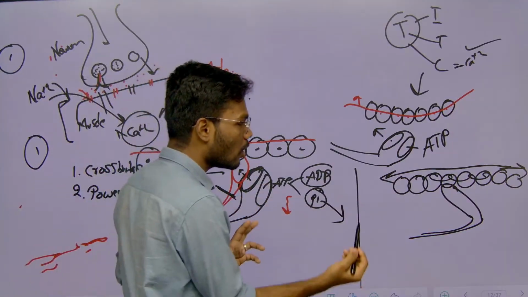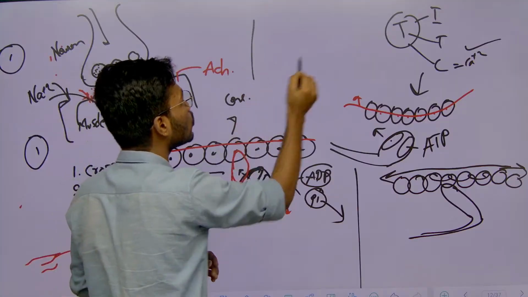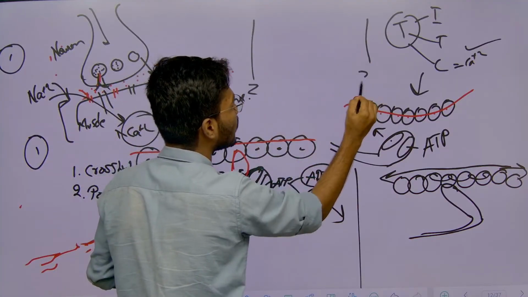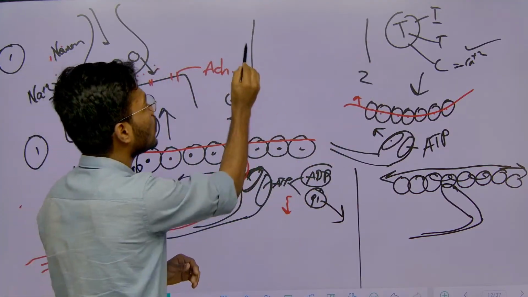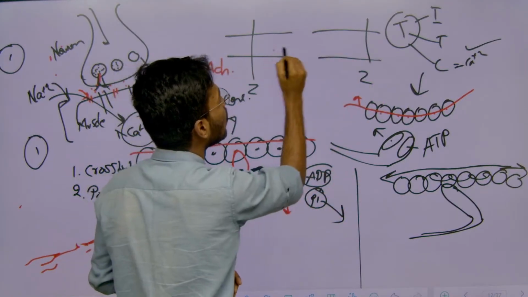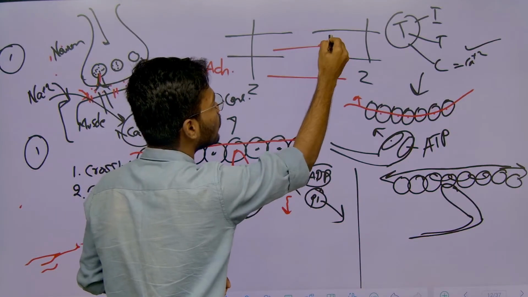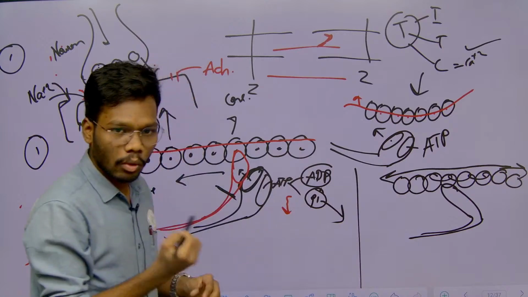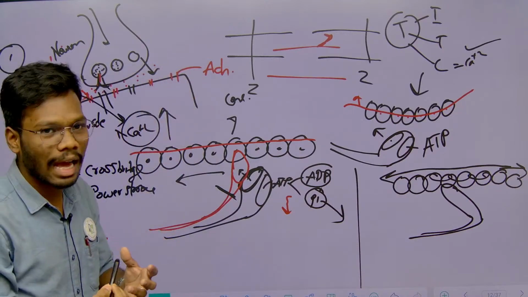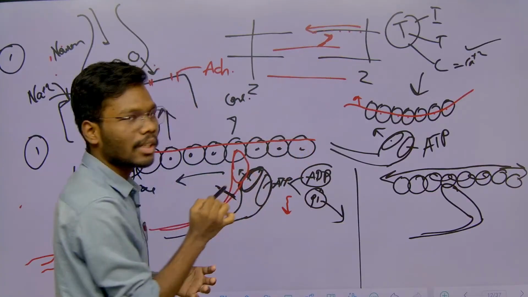We already studied the structure of skeletal muscle. There are two Z lines. We already know these are actins, and in between we have myosins. Whenever the myosin head is pulled, which means power stroke happens, all these actin molecules are pulled inwards.